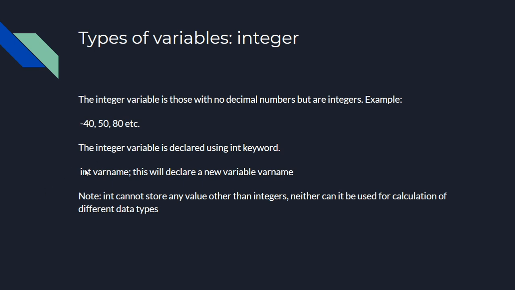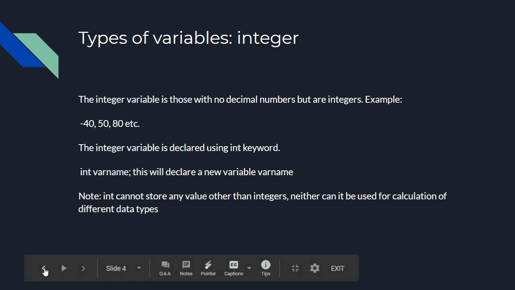So this var name is the identifier of the data type int, but we did not initialize any value into it. Therefore, it is taking some space in your memory, but it is not actually active right now.